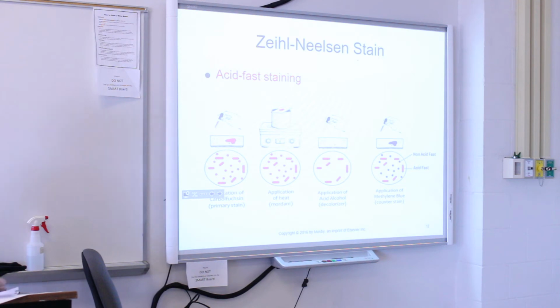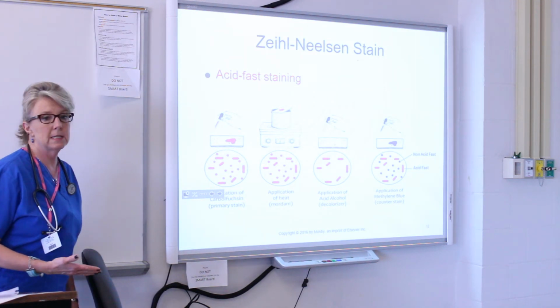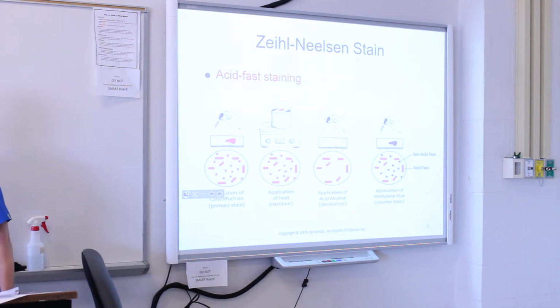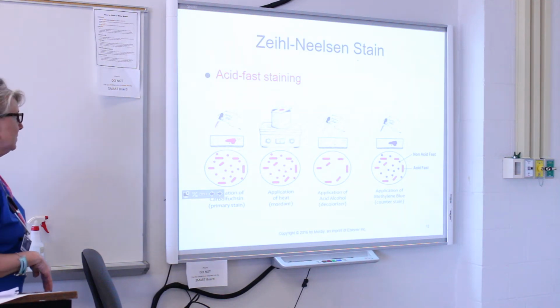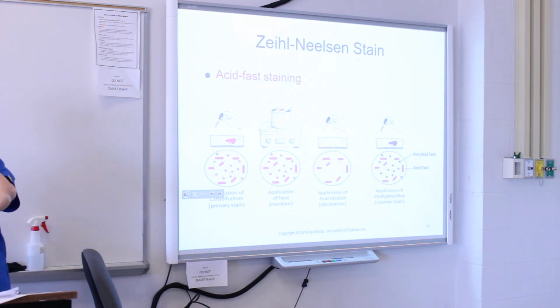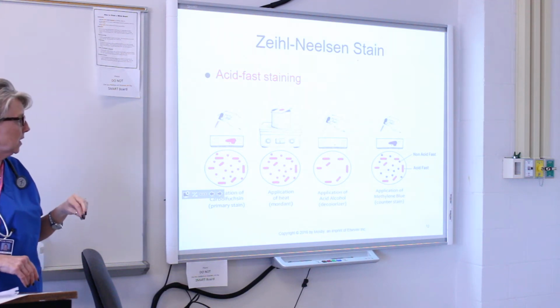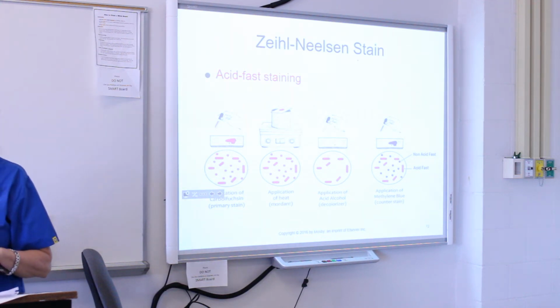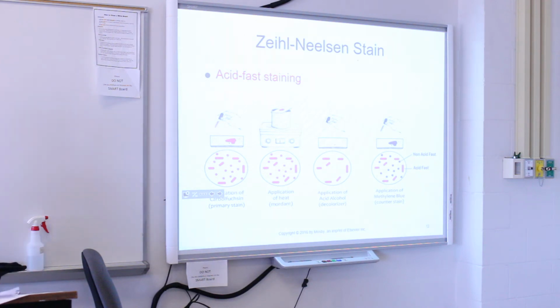So another term that the boards like to use instead of acid fast staining is the Ziehl-Neelsen stain. So associate Ziehl-Neelsen with acid fast. We used to do gram staining when microbiology was in the program, but we just don't have time to do that now.